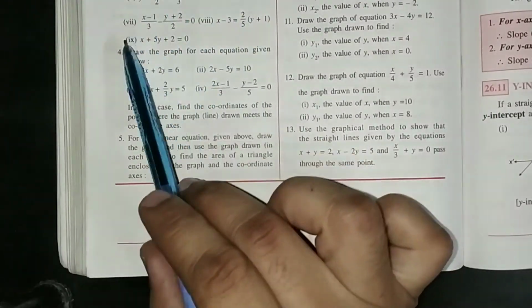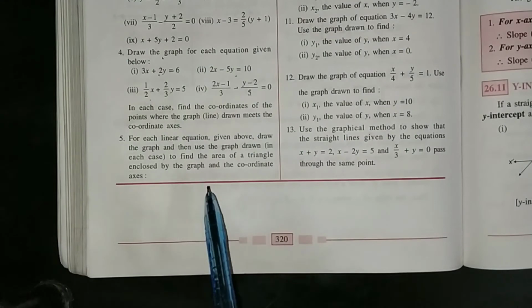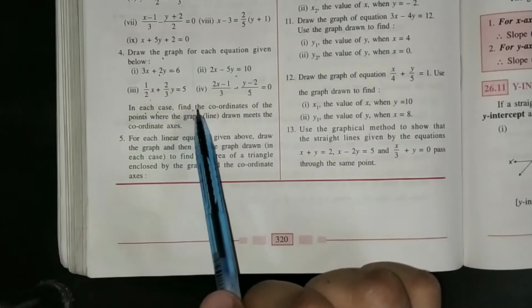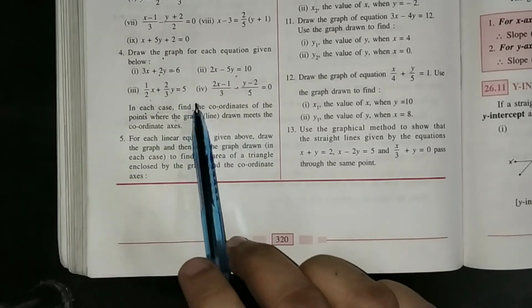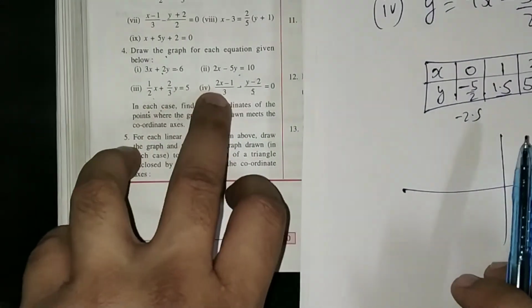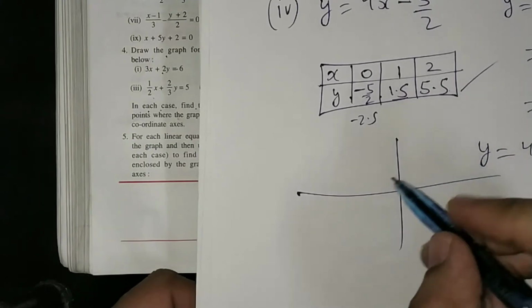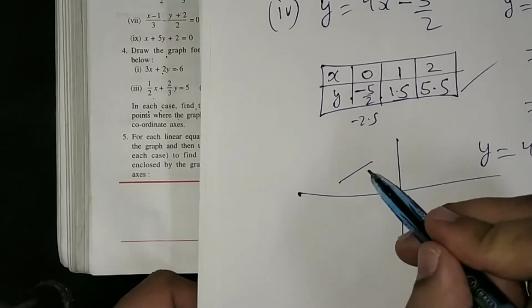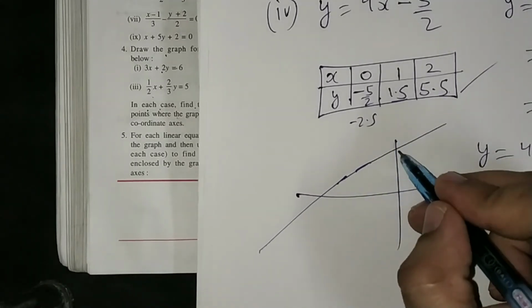In the same way you have to do all these parts, each of the columns, so these are also the same. In each case, find the coordinates of the points where the graph line meets the coordinate axes. In this question, you have to do it the same way. After that, suppose this is your line, so you have plotted this line, this is your required line, then you have to just extend this line to the coordinate axes.